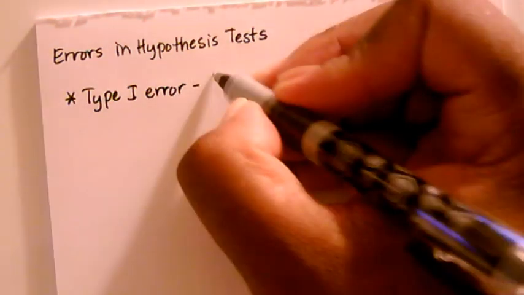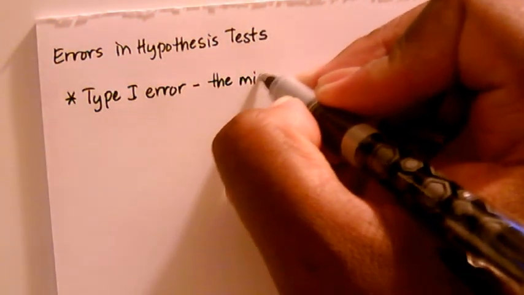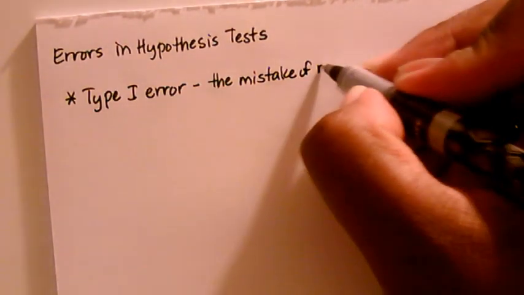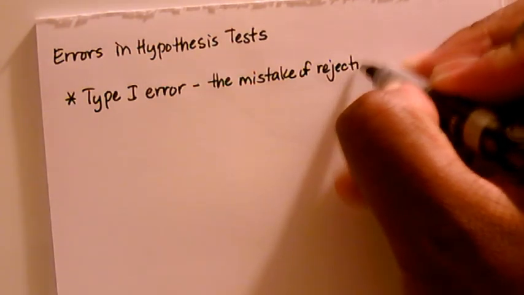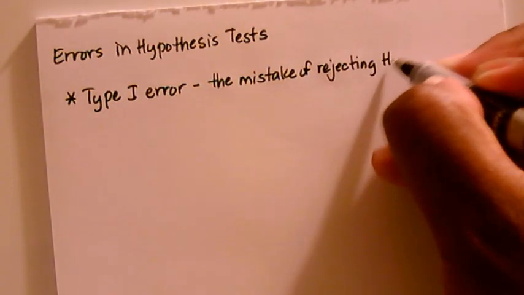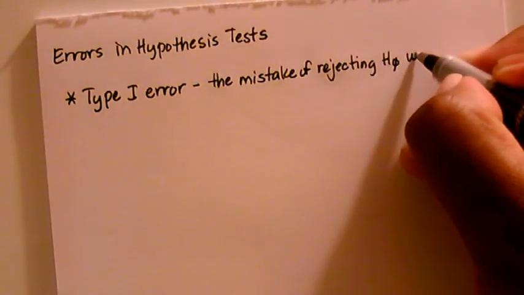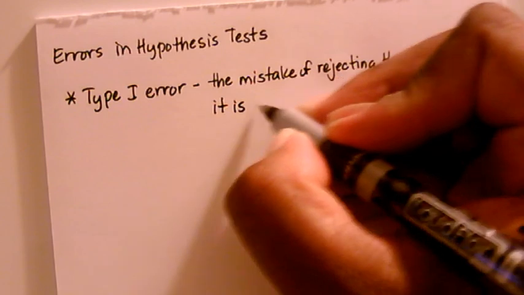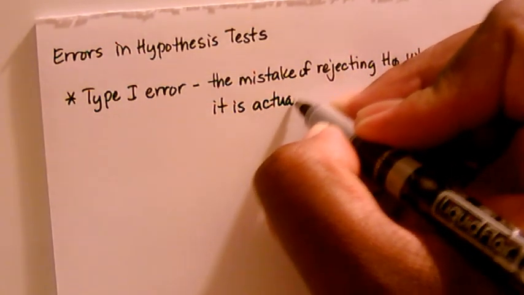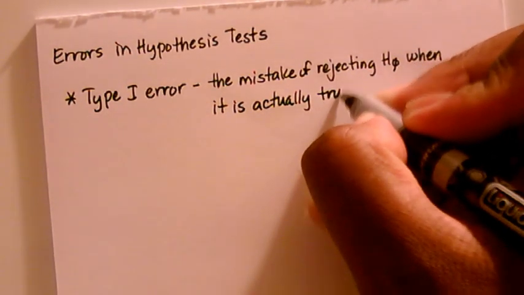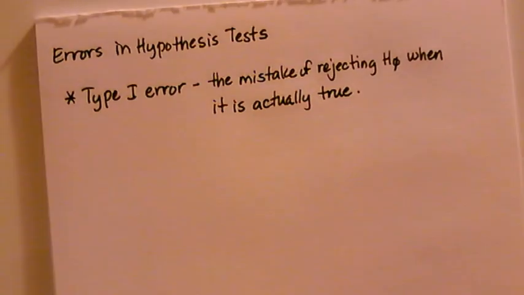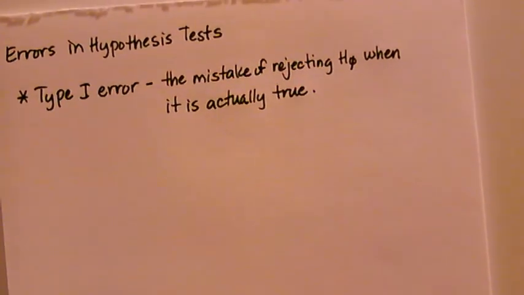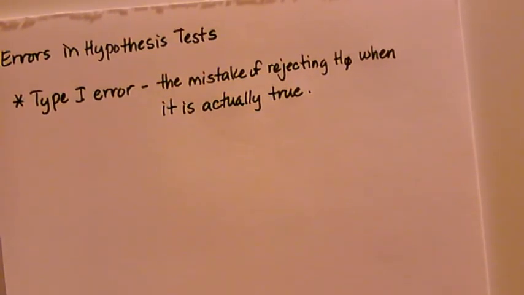And a type 1 error is the mistake of rejecting the null hypothesis when it is actually true. Okay? The mistake of rejecting the null hypothesis when it is actually true is committing a type 1 error.